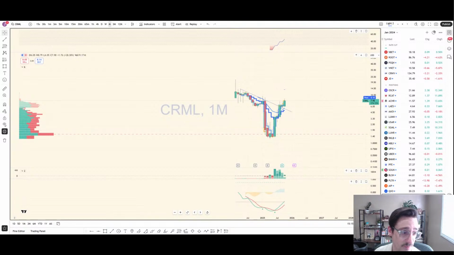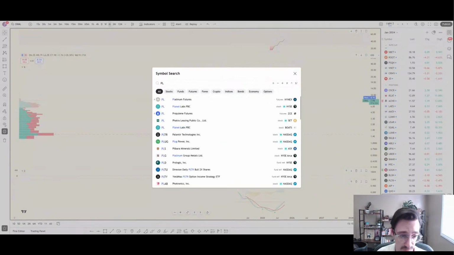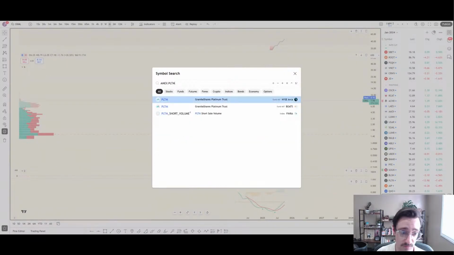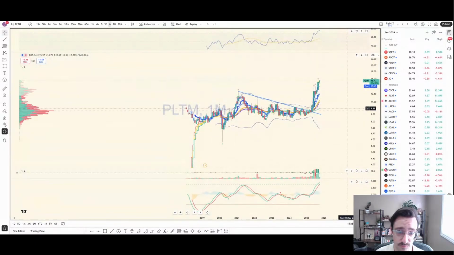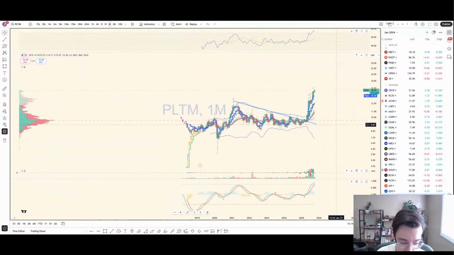Yeah, platinum and palladium, absolutely. I think there's still lots of room on these too. Platinum, crazy move. Still looks strong. What's palladium? I always forget it.